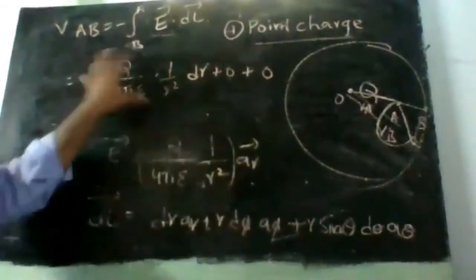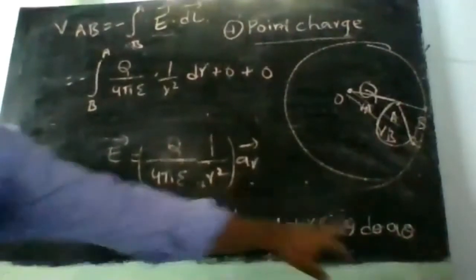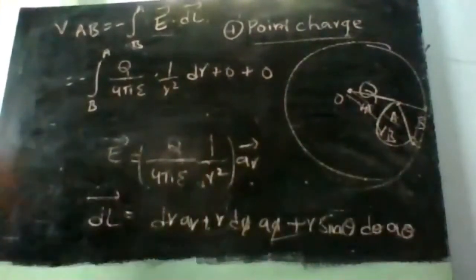So the first term will remain, AR dot AR is 1, so the magnitude we have to write. Then AR dot A phi is 0, AR dot A theta is also 0. So what I get is like this.